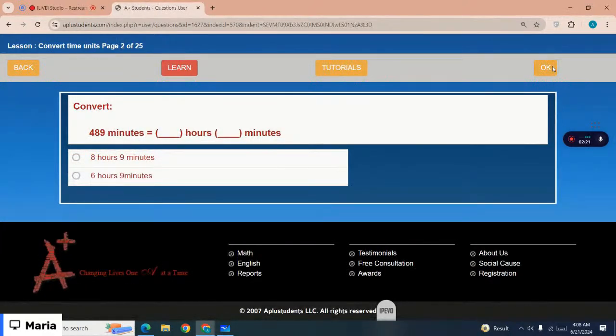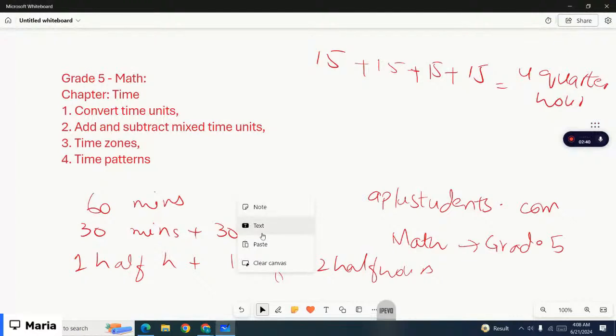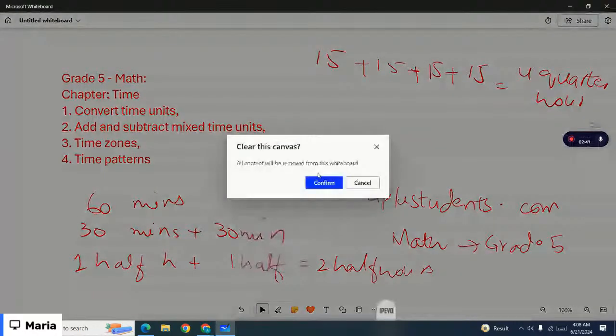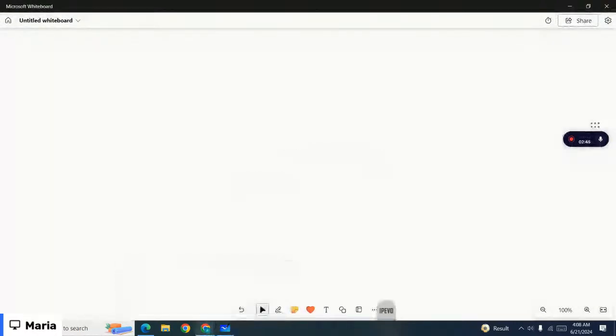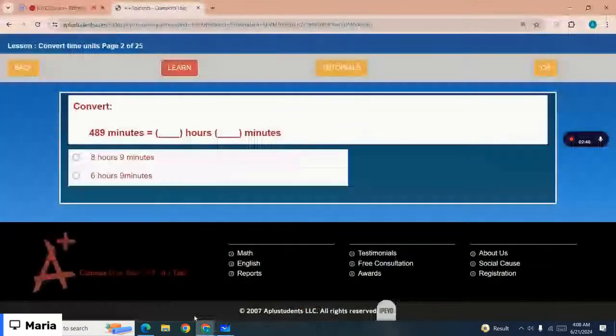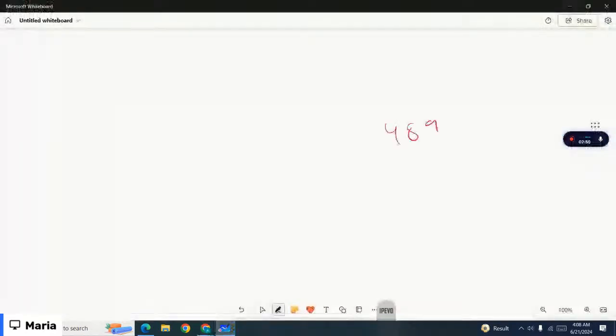You have to convert 489 minutes to hours, right? In 1 hour, you have 60 minutes, right? You have to divide 489 minutes by 60. 6 times 8 is 48, right?